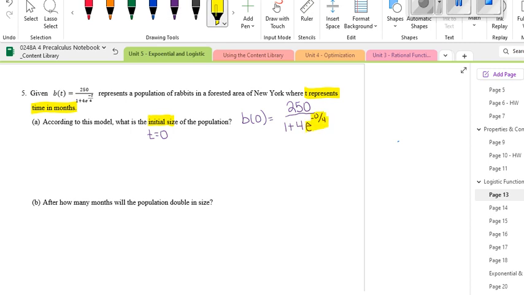Exponents first. 0 divided by 4 is 0. e to the 0 is 1. So this becomes 250 over 1 plus 4 times 1, or 250 over 5, making my initial bunny population 50.